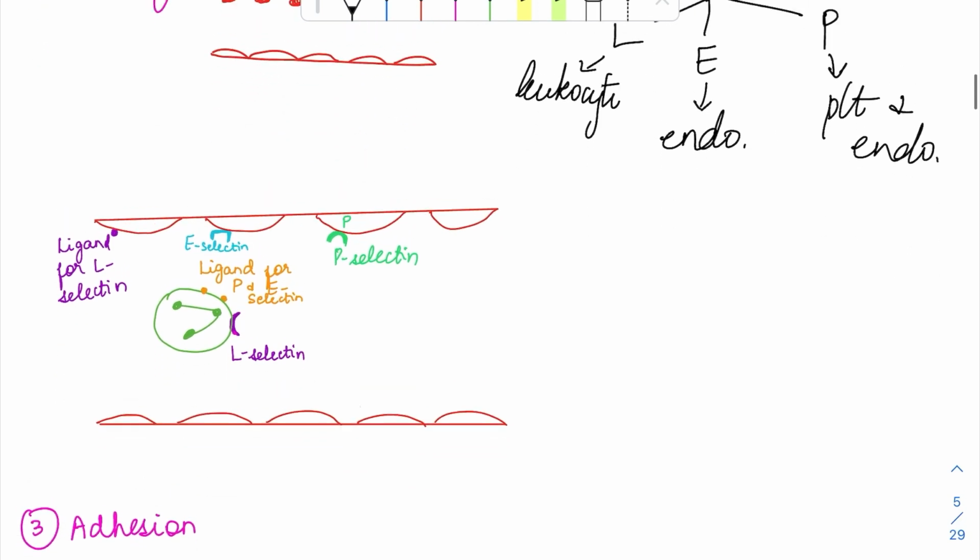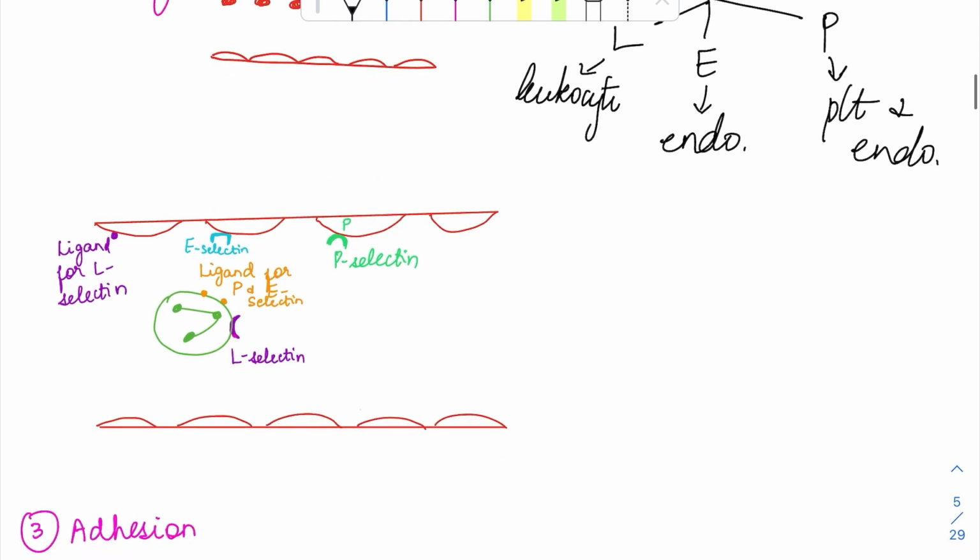So let's see what are the selectins and their ligands. So this L-selectin will be expressed by this WBC, and the E-selectin and P-selectin will be expressed by the endothelial cells. So the ligand for E-selectin and P-selectin will be expressed by the WBCs. Then that is how the WBC can go and attach to these receptors.